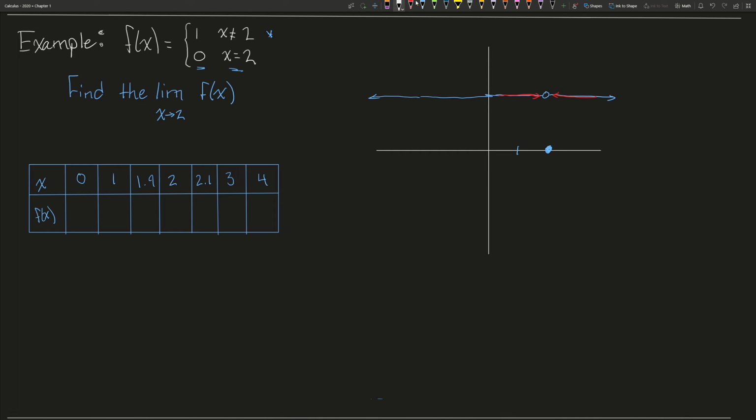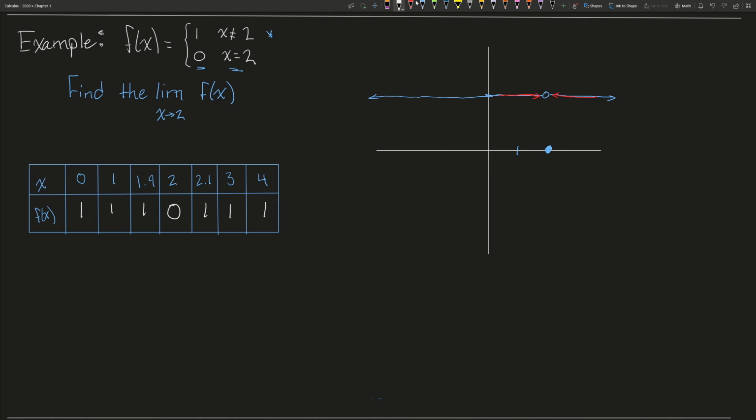When x is equal to 0, by this function, we know that f of x must equal 1. When x is equal to 1, f of x is also equal to 1, 1.9, and we could get infinitely close to x equals 2, and f of x would still be 1, except when x is actually 2, in which case it's just 0. But for every other value, it's always 1.